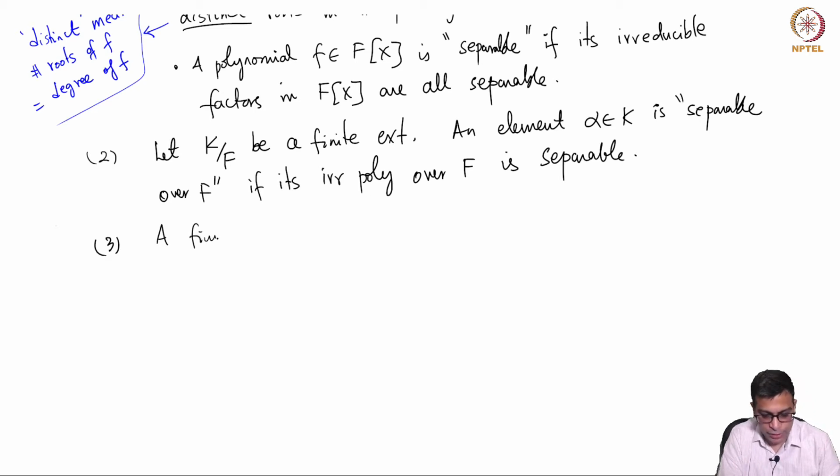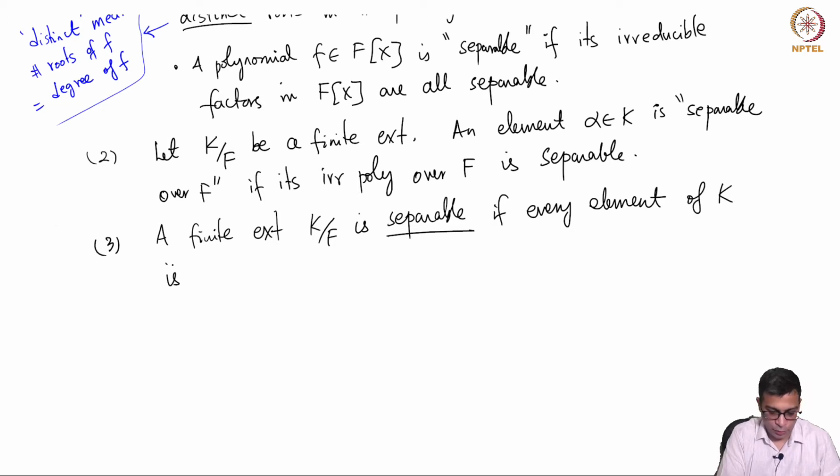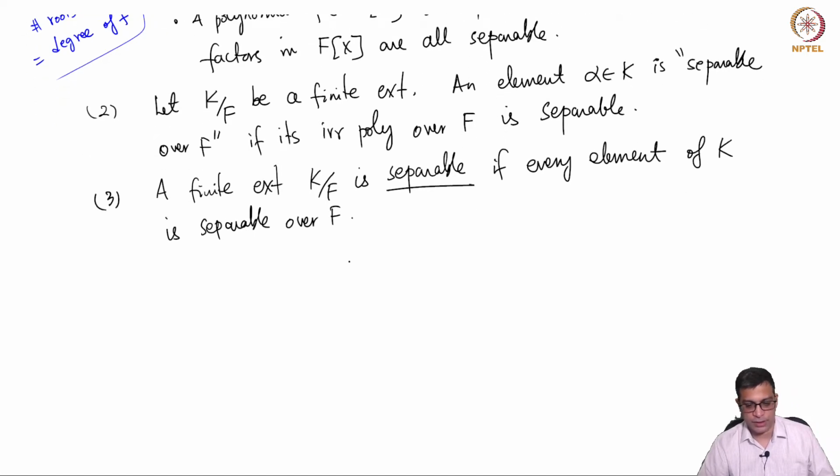Finally, a finite extension, this you can now guess, K over F is separable if every element of K is separable over F. Simple definition, right? Just like algebraic extensions. If every element is separable, we say the extension is separable.